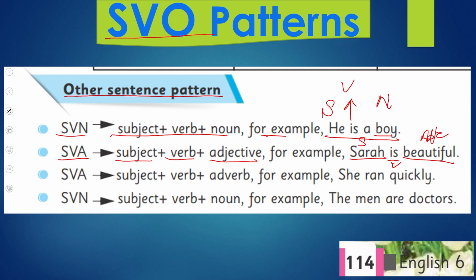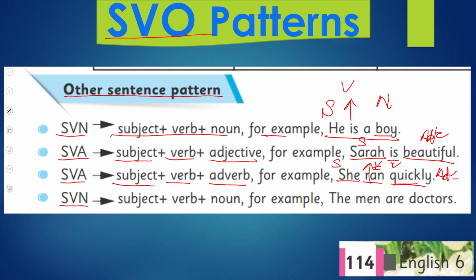So this pattern is called SVA, subject verb adjective. The next one is SVA, subject verb adverb. For example, she ran quickly. She is the subject, ran is the verb, and quickly is an adverb. So this pattern is called SVA, subject verb adverb.